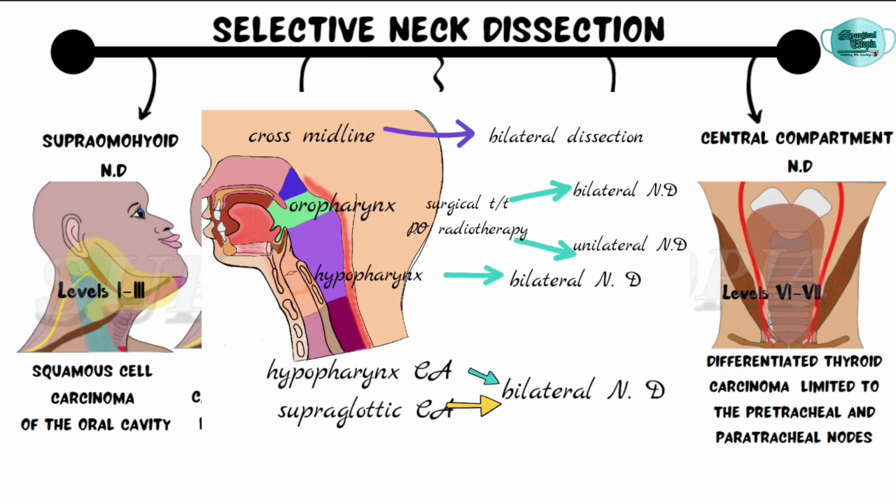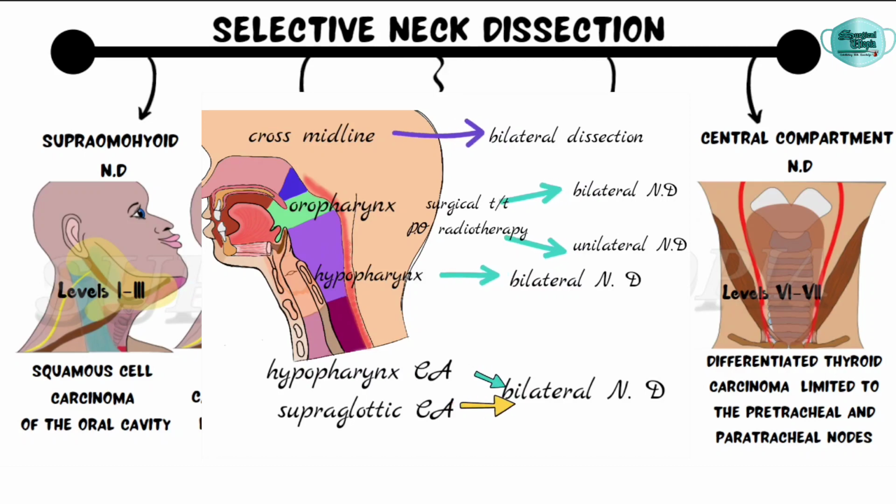So to sum up, the anterolateral or lateral neck dissection is recommended on the same side if there is cancer of the larynx or pharynx, and if the primary cancer of the larynx or pharynx crosses the midline, then lateral neck dissection is to be done on both sides of the neck.